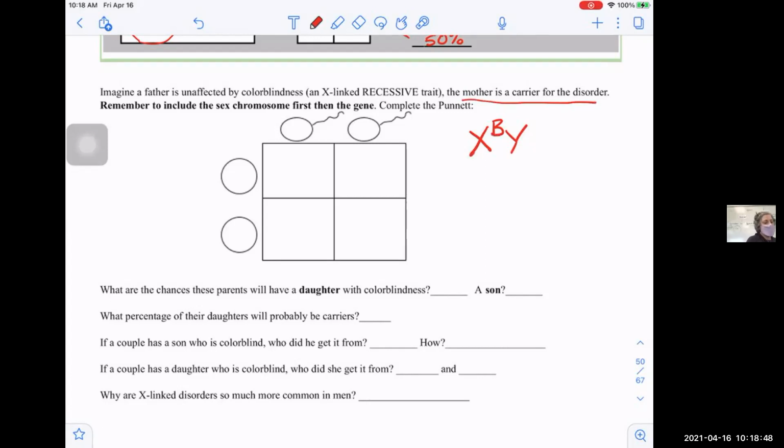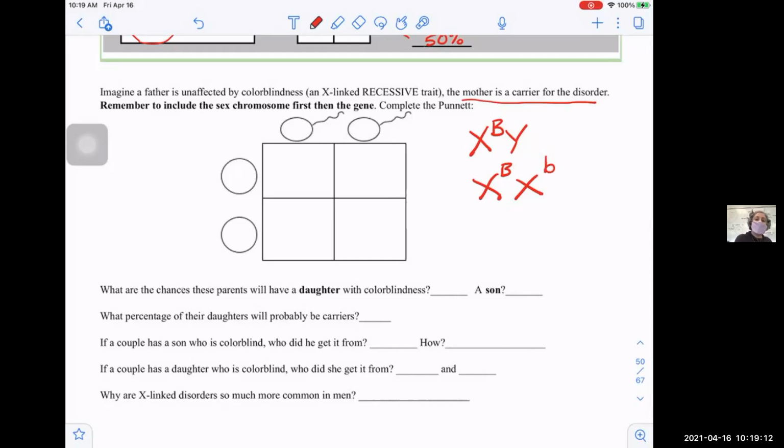So remember, because females have 2 X's, if she's a carrier, she's normal sighted, meaning she has a big B, but she's carrying the little recessive allele that she could pass on to her sons or her daughters.